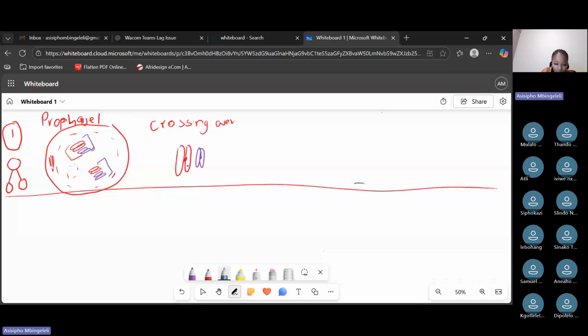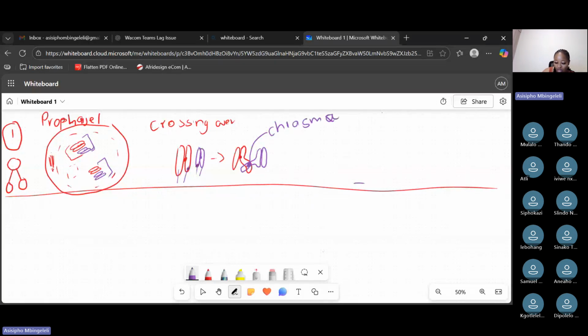So then they cross over. Now, this point of crossover, where these chromosomes cross over, is called chiasma or chiasmata. So that point over there, where both chromatids have crossed each other, is called chiasma or chiasmata.